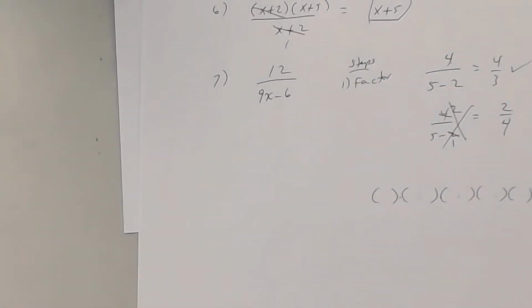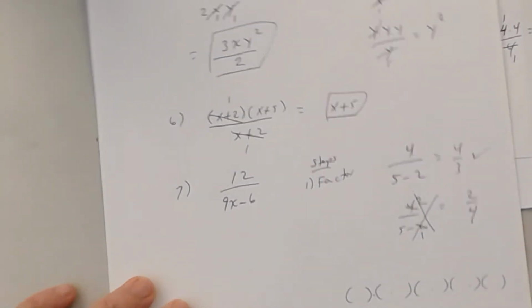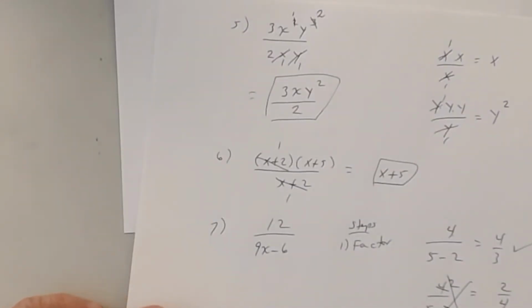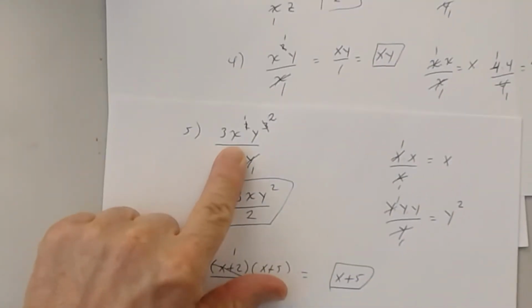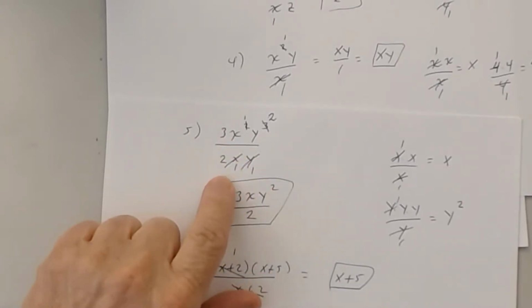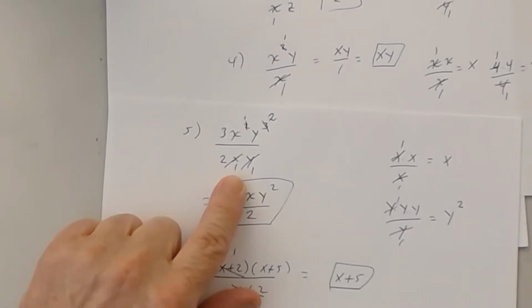Now in problems 1 through 6, we didn't have to do that, because they were already written as factors. Look, 3 times x squared times y cubed divided by 2 times x times y. At any point, did you hear me use the word add or subtract?